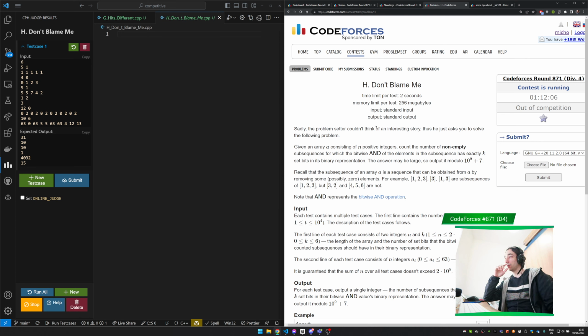The subsequence, the other elements should be like sub elements like this. Wait, k is up to 6.